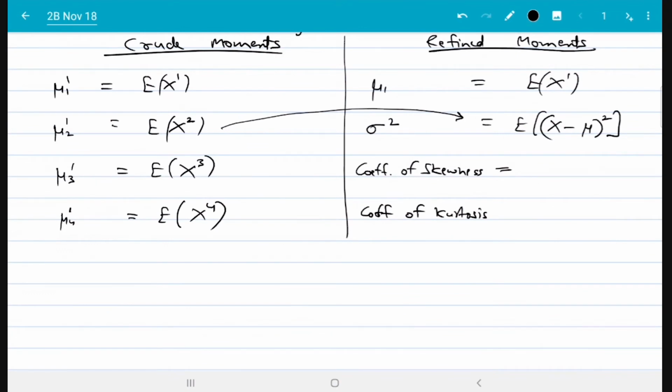For kurtosis and skewness, we have this. Now I'm writing the formulas in this form, not the expected form. X minus mu raised to power 4 into sigma 4.